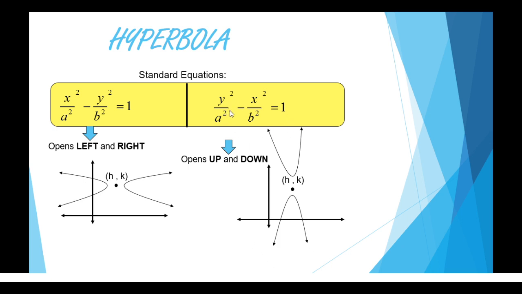For the inverted hyperbola, the equation is y square upon a square minus x square upon b square equals 1. If you notice the transition carefully, you will see the denominators are interchanging as well as the sign. Because of that, this is called inverted hyperbola.